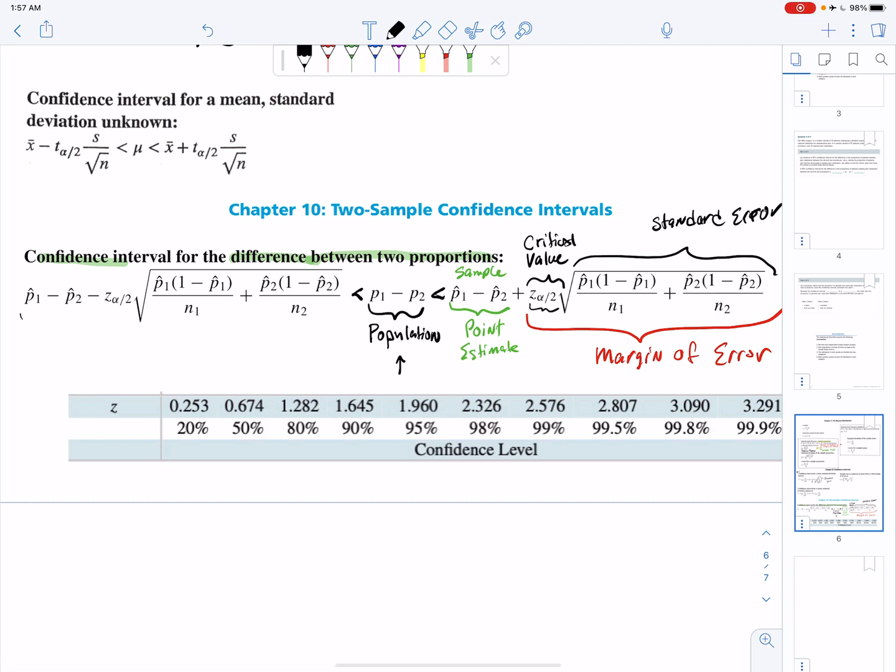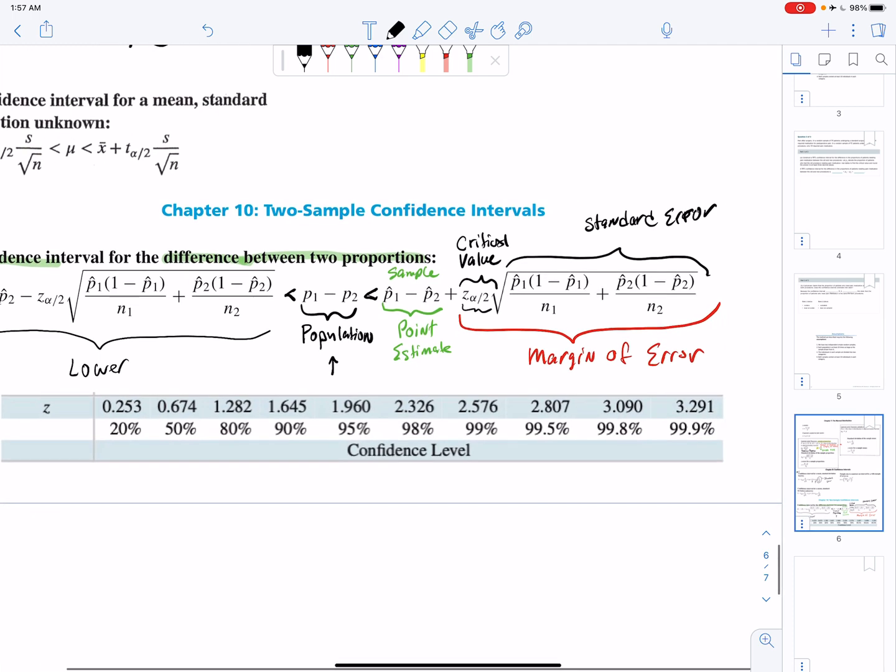So when you calculate this whole thing over here, this is the lower, and when you calculate all this up here, this gives us the upper. We're hoping to squeeze what we're trying to figure out, the difference of population proportion 1 minus population proportion 2, in between our interval.